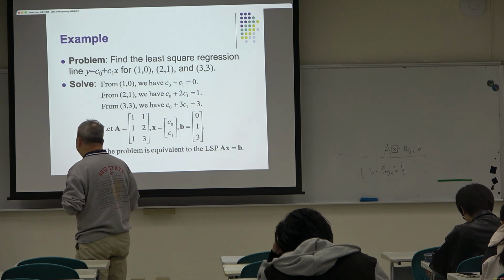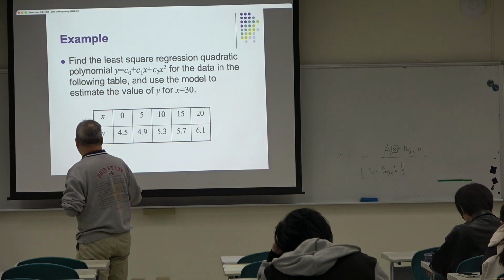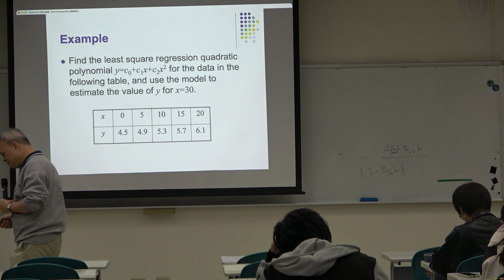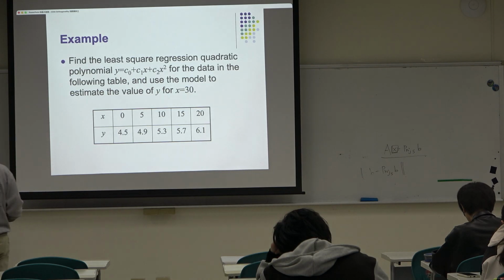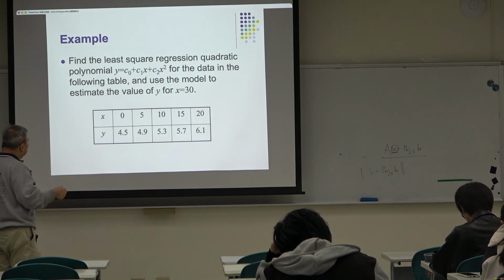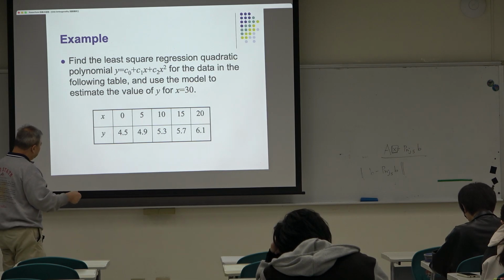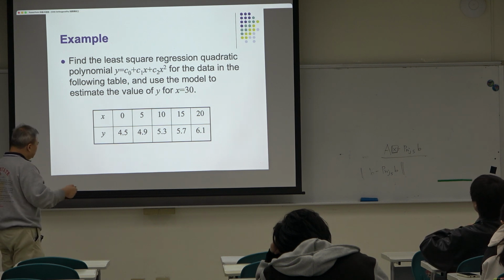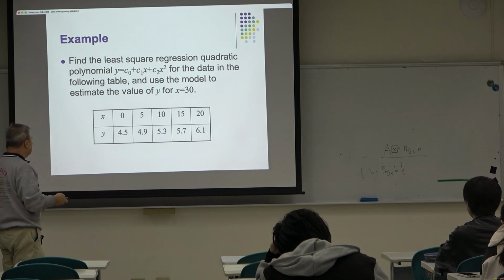As I said, this one is still reasonable, but the next one: find the least squares quadratic polynomial for the data in the following table and use the model to estimate the value of y for x equal to 30. So you have 5 points. The issue is not about the number of points, well, it is, because it has something to do with the size of your matrix.